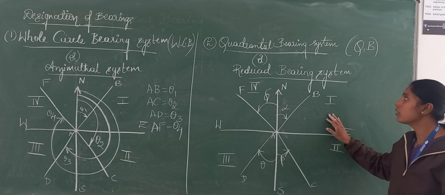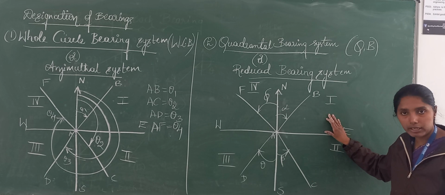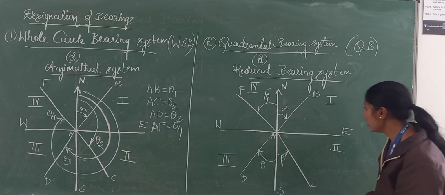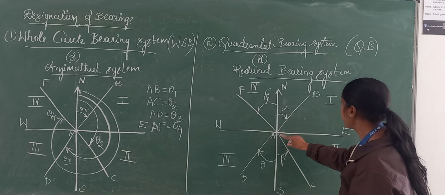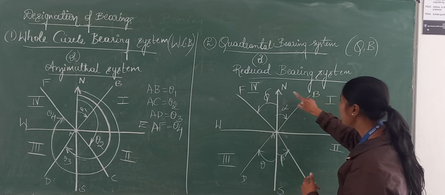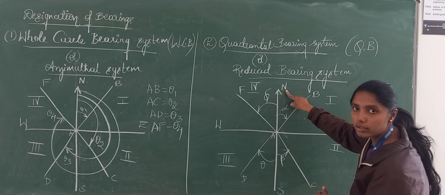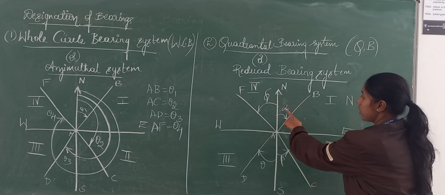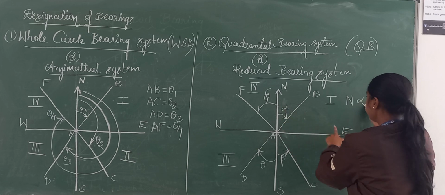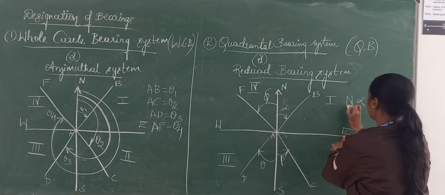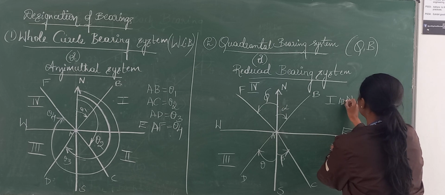Here in the reduced bearing system the bearing varies from 0 degrees to 90 degrees. See here the line AB. What is the bearing of the line AB? As the line AB is nearer to the north, the designation of bearing would be north, that angle, and towards east, it is east. This is with respect to AB, correct?